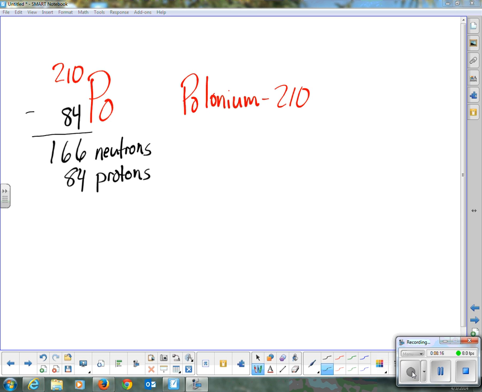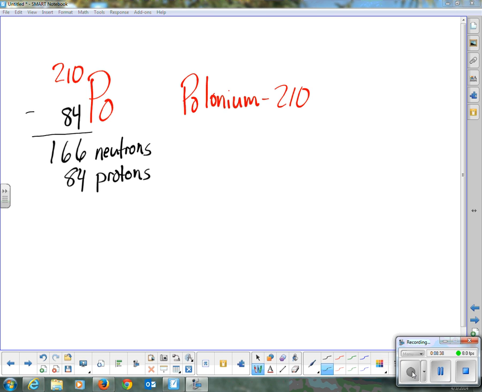When we're talking about nuclear equations, we're not really worried about electrons in the element itself. We're worried about how the electron or beta particle will affect the nucleus by changing a neutron to a proton or a proton to a neutron, depending on what's going on. Okay, so you need to be able to find out how many neutrons and how many protons.